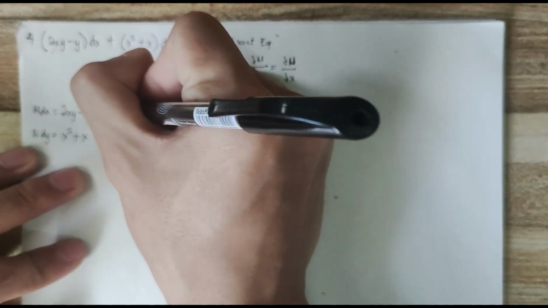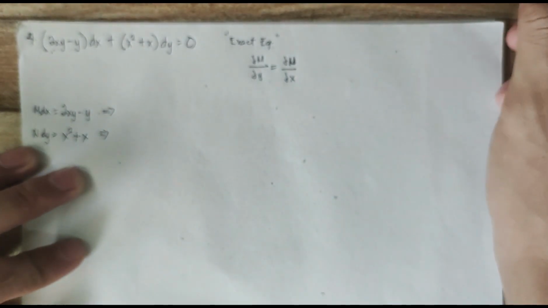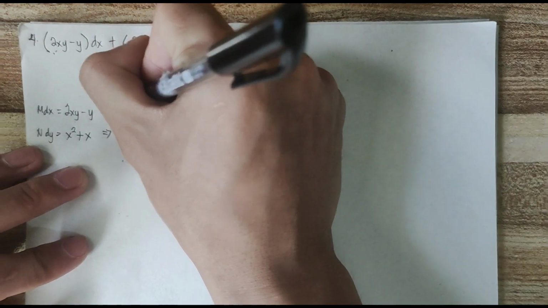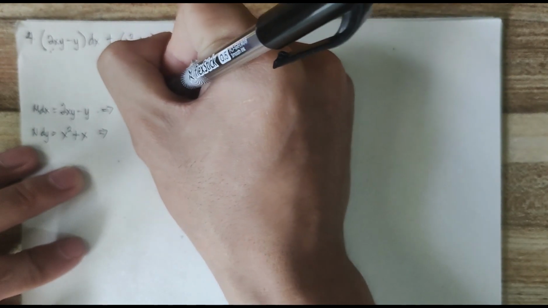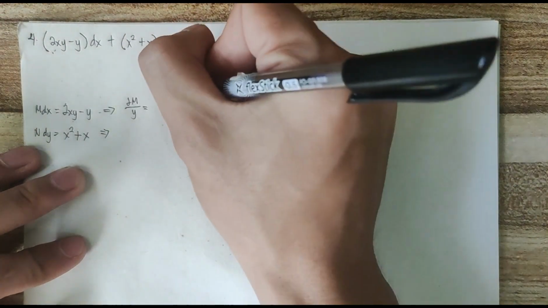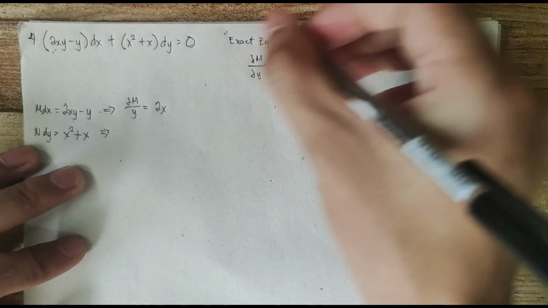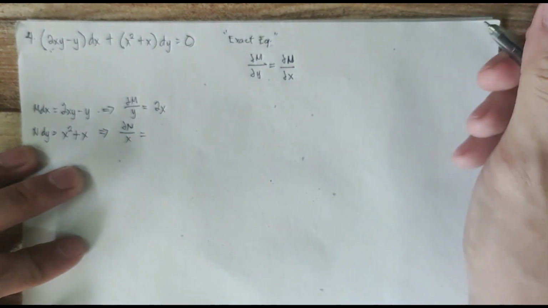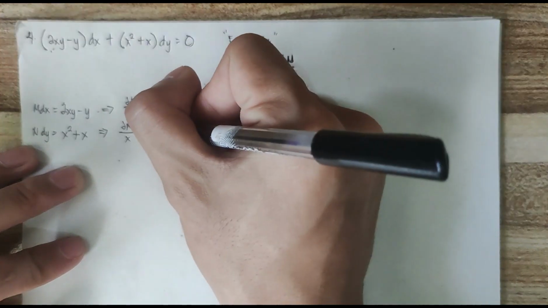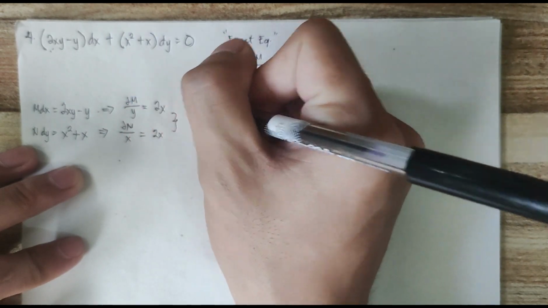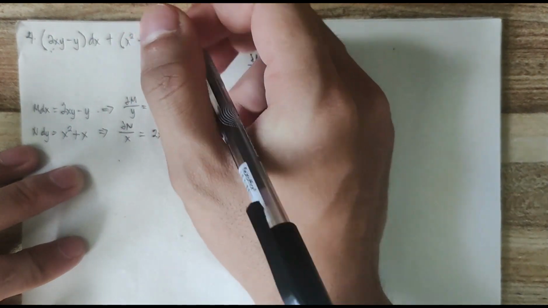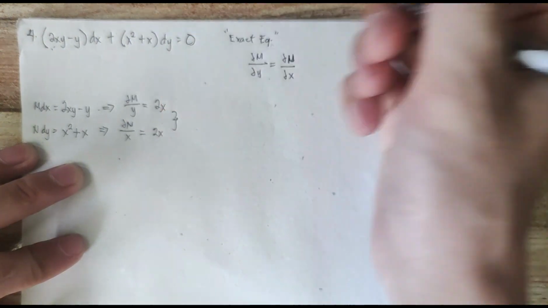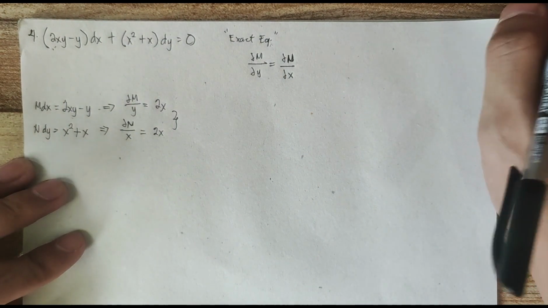Now we find the partial derivative with respect to the opposite variable. The partial derivative of M with respect to y is 2x, and the partial derivative of N with respect to x is also 2x. Since these two partial derivatives have the same value, we can proceed with the exact equation technique.